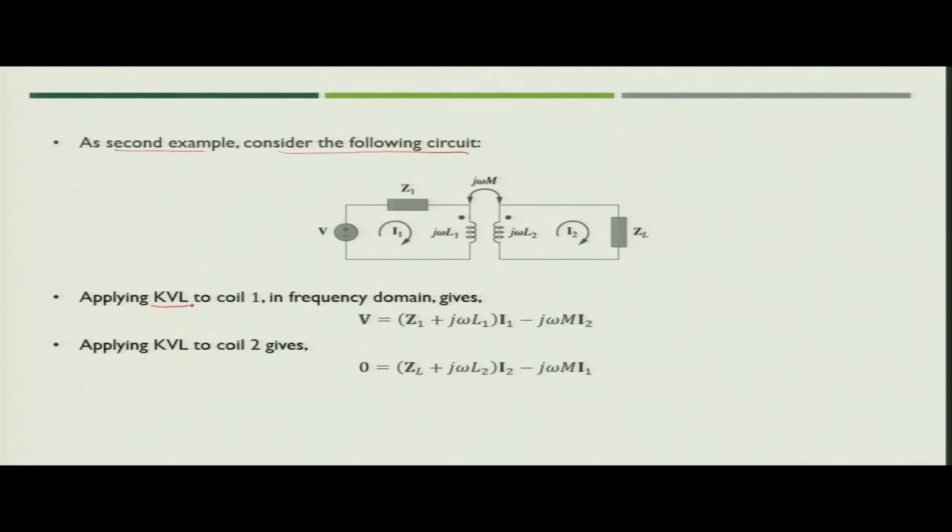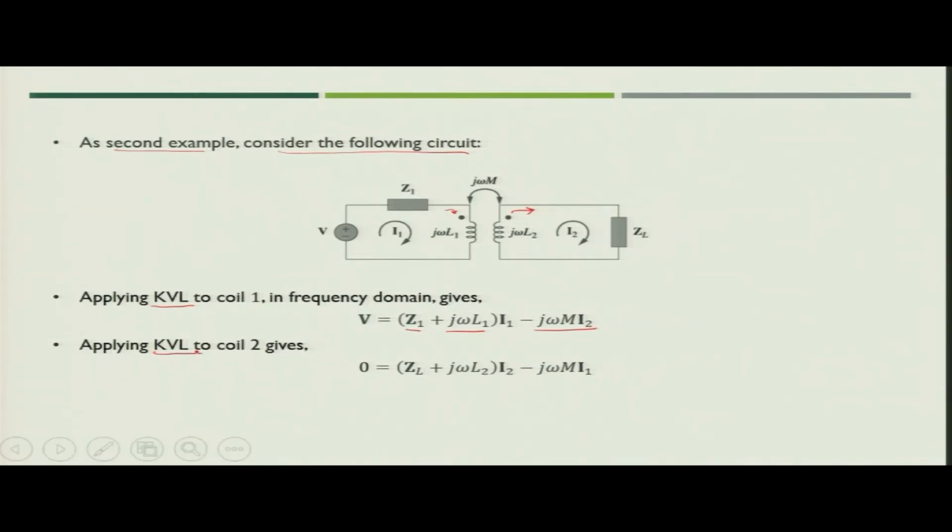Now, let us apply KVL to coil 1. For coil 1 it is (Z1 plus jωL1) into I1. Here your mutual voltage is negative, so you will write minus jωM I2, because I1 is going inside the dot, here I2 is coming outside the dot, and if it is positive then the mutual voltage will be negative. So, we will write V is equal to (Z1 plus jωL1) into I1 minus jωM I2.